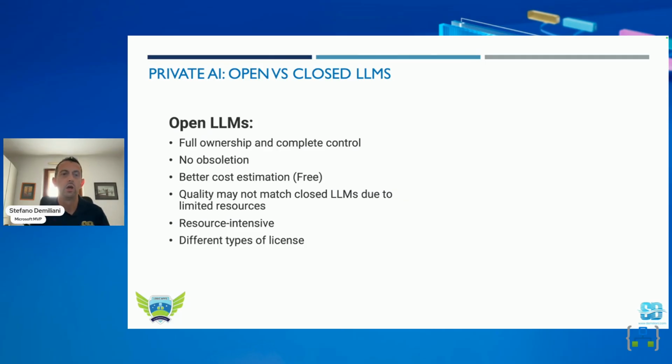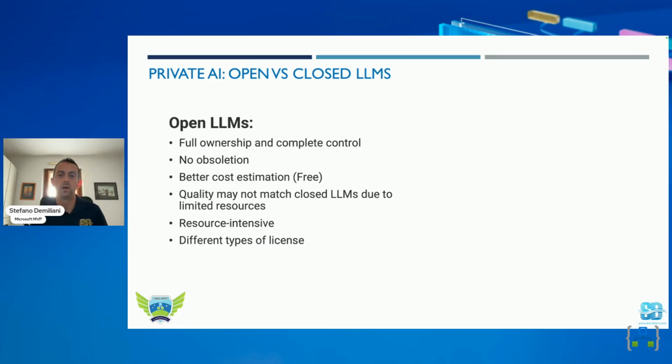Open LLMs. In open LLMs, we have full ownership and complete control of this LLM. So this is an LLM that you can simply take and make your own, and it is quite free to use because you host it, so you don't need to pay a third-party entity in order to use it.